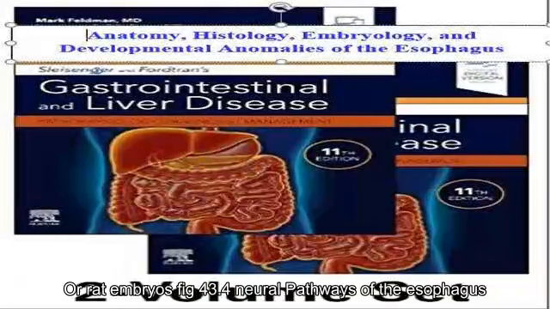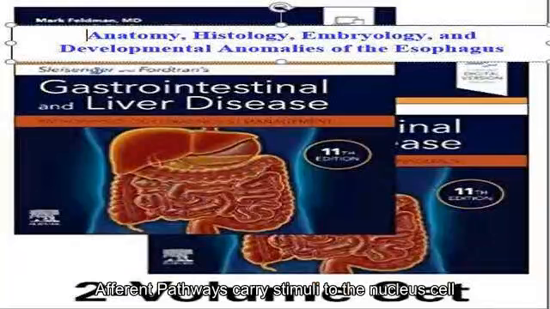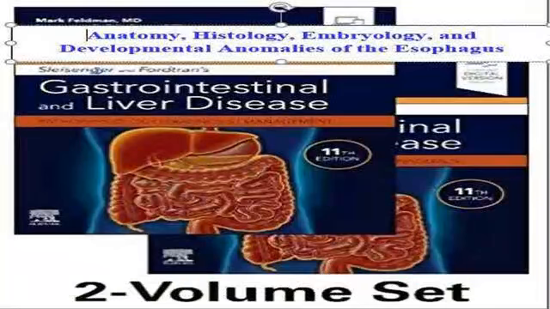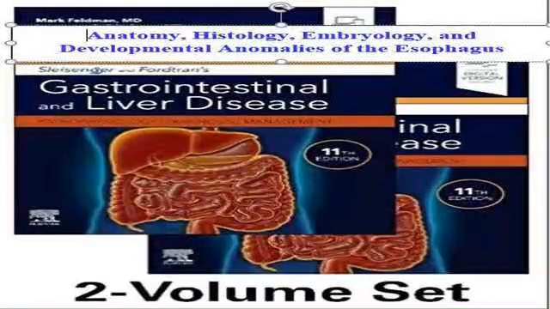Fig. 43.4 Neural pathways of the esophagus. Extrinsic innervation is provided principally by the vagus nerve. Afferent vagal pathways carry stimuli to the nucleus solitarius, and efferent pathways originating in the dorsal vagal nucleus mediate esophageal peristalsis and LES relaxation. ACH, acetylcholine; NO, nitric oxide; VIP, vasoactive intestinal peptide.